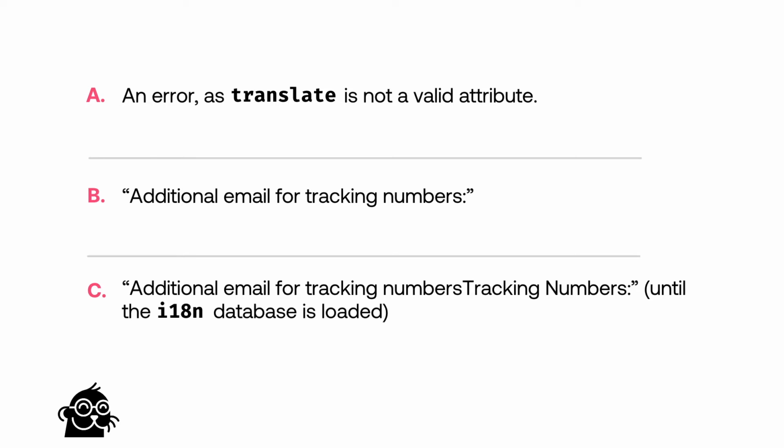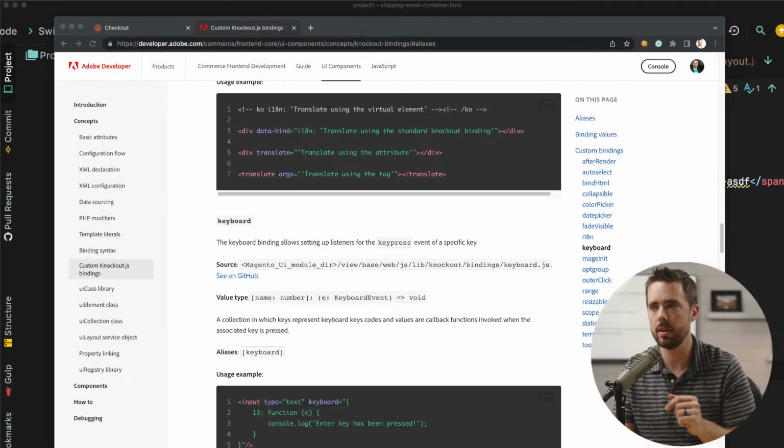Well, like I said, this is a little bit easier of a question. It's more or less memorization at this point. We can boil this question down to a single question: is translate a valid attribute for a given tag? The answer is found right here.